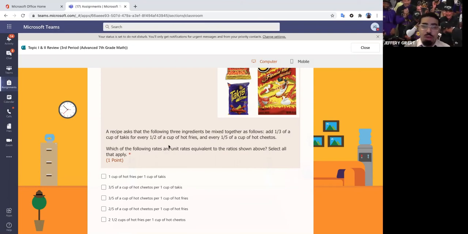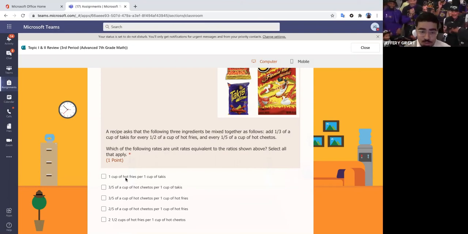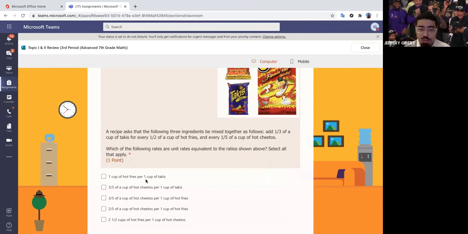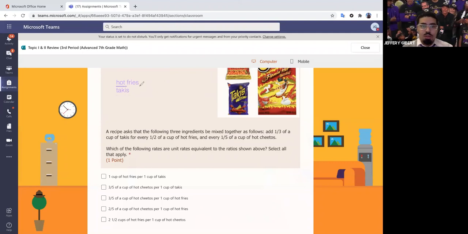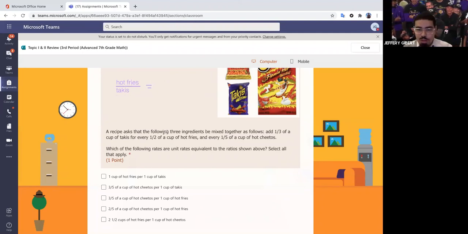Select all that apply. So on the first one, it's saying hot fries per Takis. So hot fries is going to go on top and Takis goes on the bottom. So for Takis, which is on the bottom, you had 1/3 of a cup. And hot fries on the top is saying 1/2.